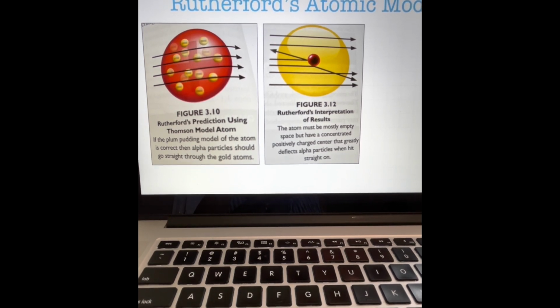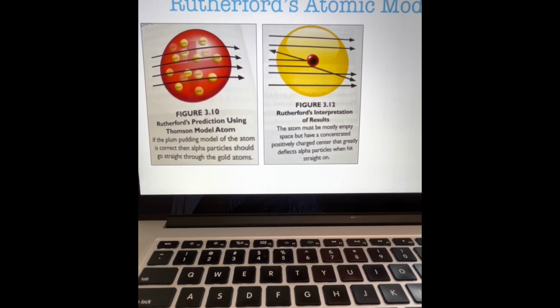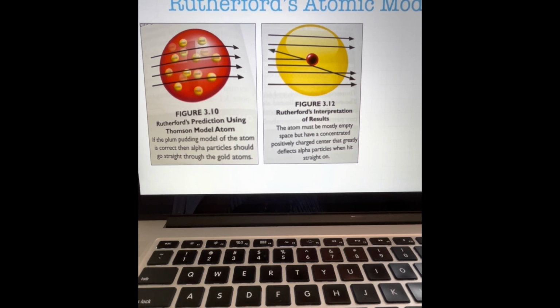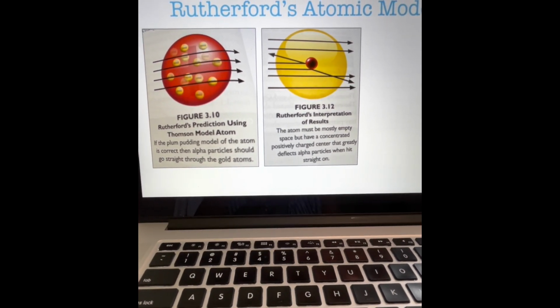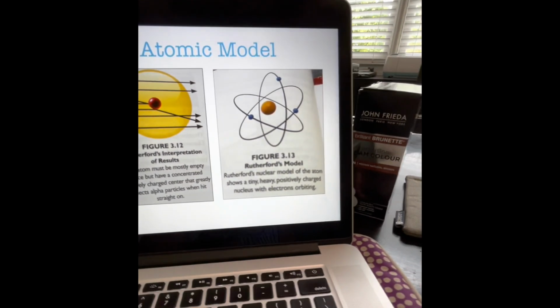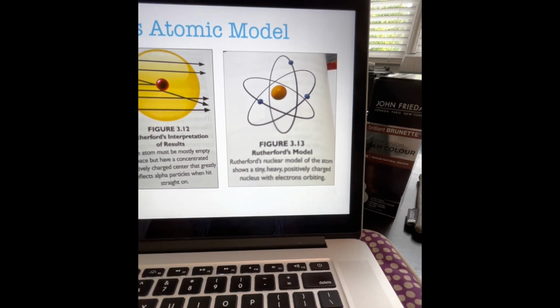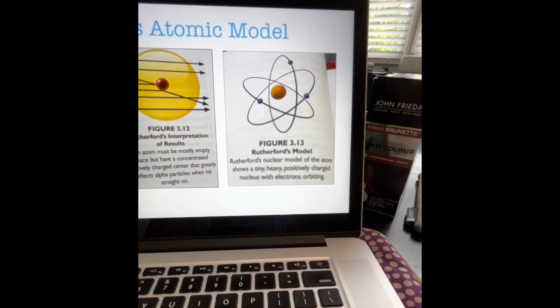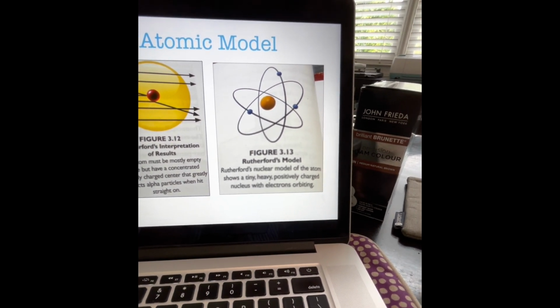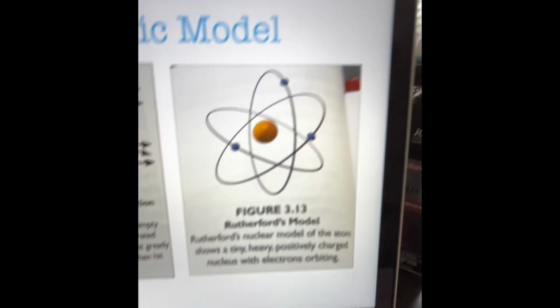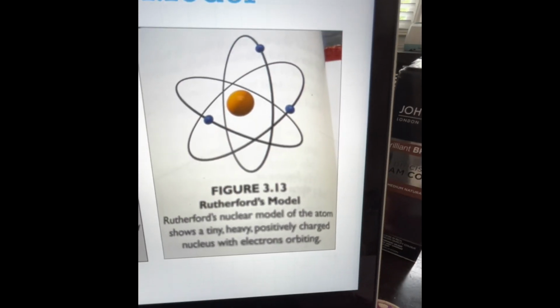A dense mass with a concentrated positive charge located in the center of the atom would account for the result he found. He called this center mass the nucleus, and his model is often called the nuclear model of the atom.